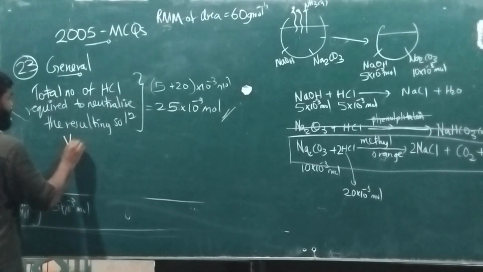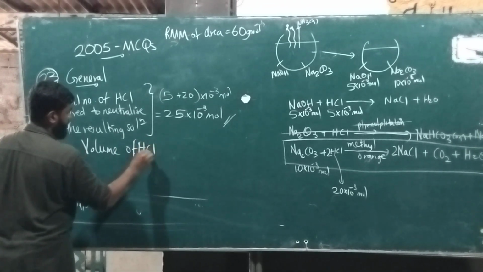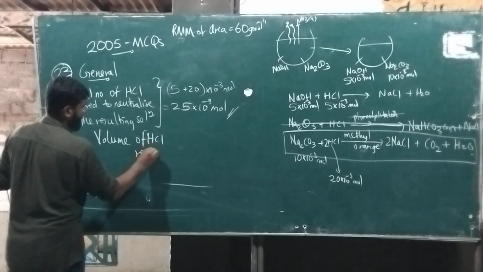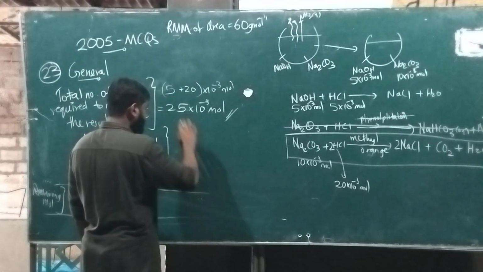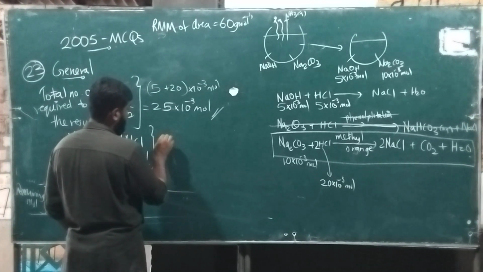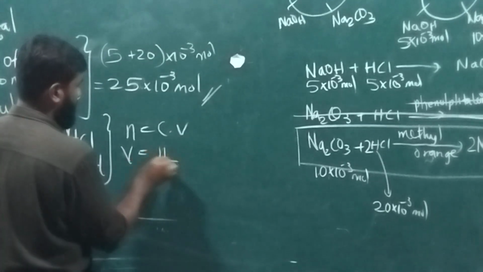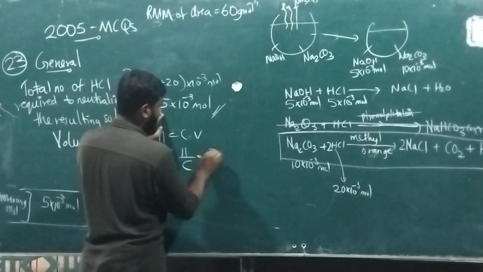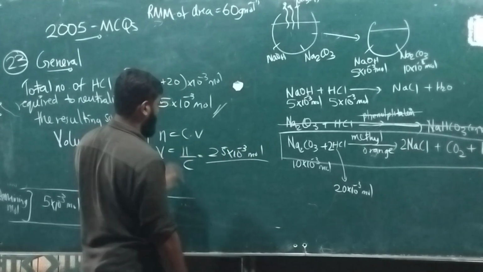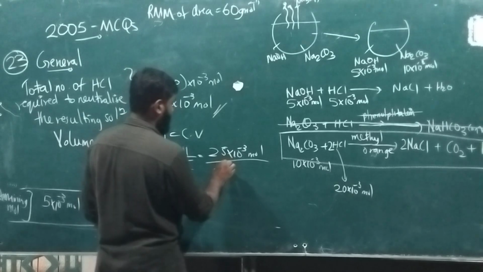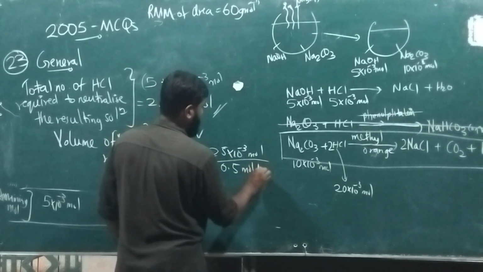So volume of HCl required is equal to, n equals CV, so volume is equal to n over C. So 25 into 10 to the power minus 3 moles divided by 0.5 mole per decimeter cube.